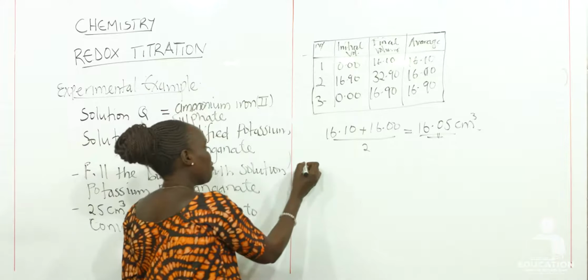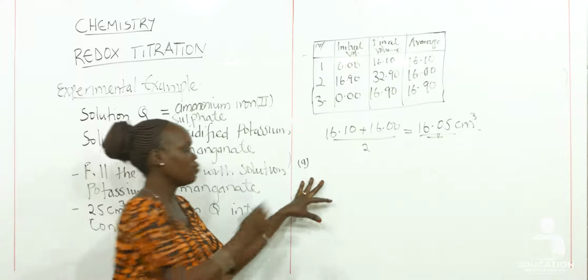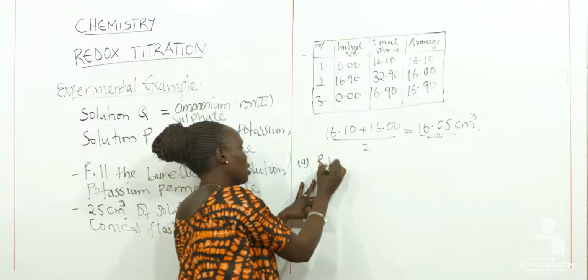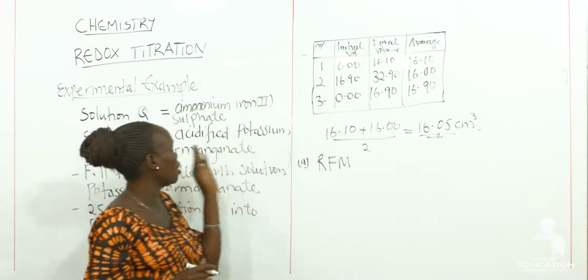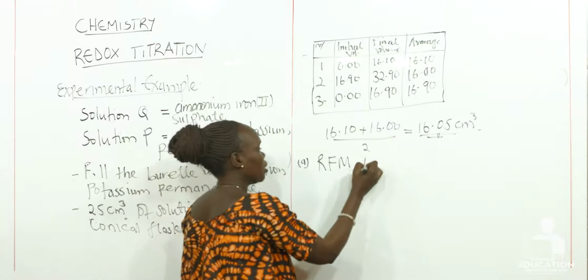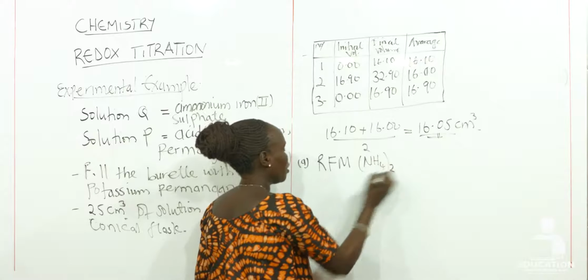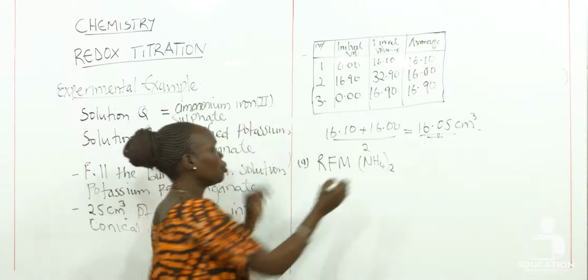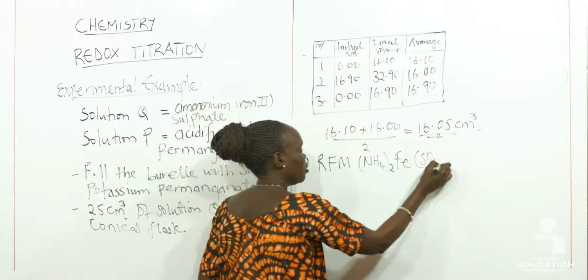So the first thing, we need to remember to get the relative formula mass. The relative formula mass of solution Q, which is ammonium iron 2 sulfate, which is hydrated.